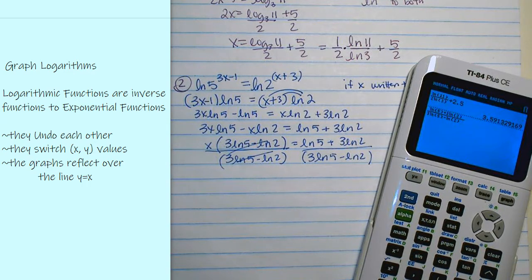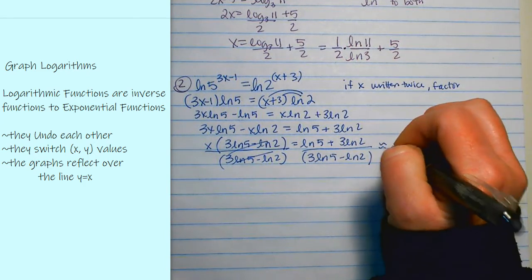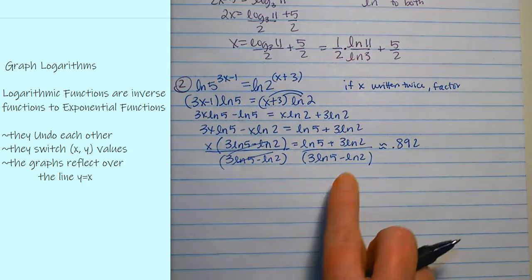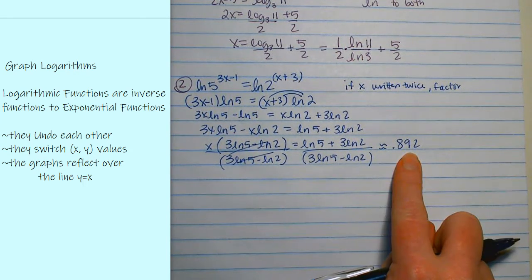And now that I have it all top and bottom, then I can solve for it, and I've got 0.892. So this is approximately 0.892. And this, even though it was gross, was easy to put in the calculator. So x equals 0.892.